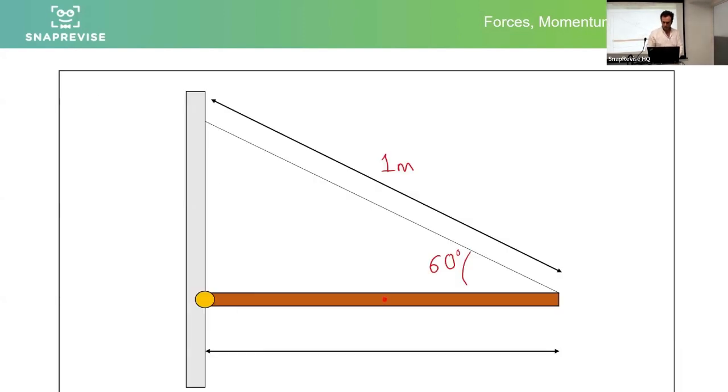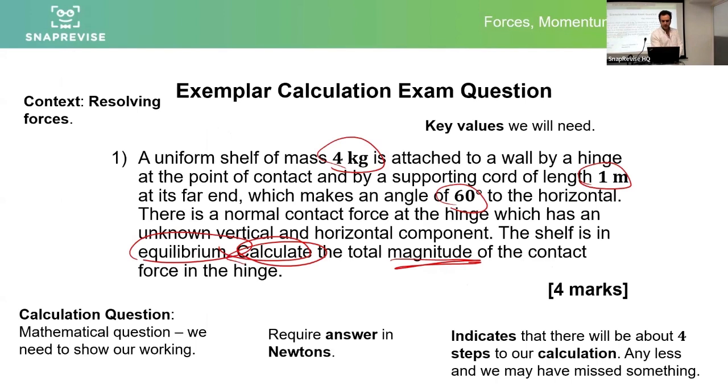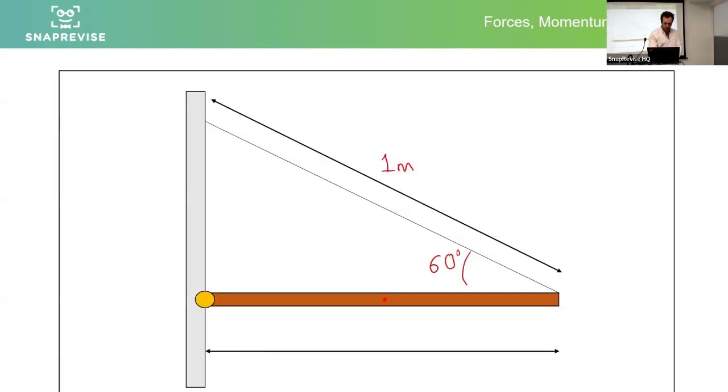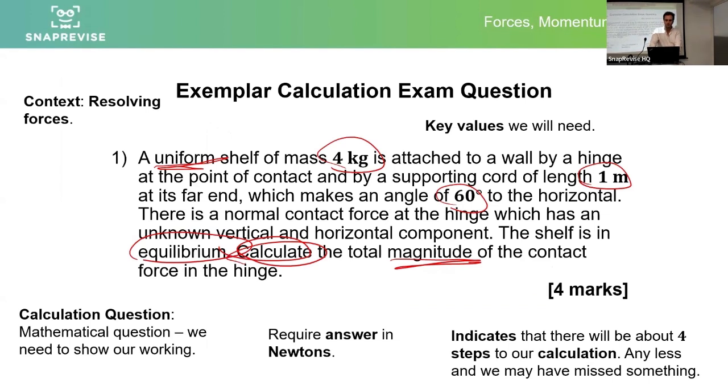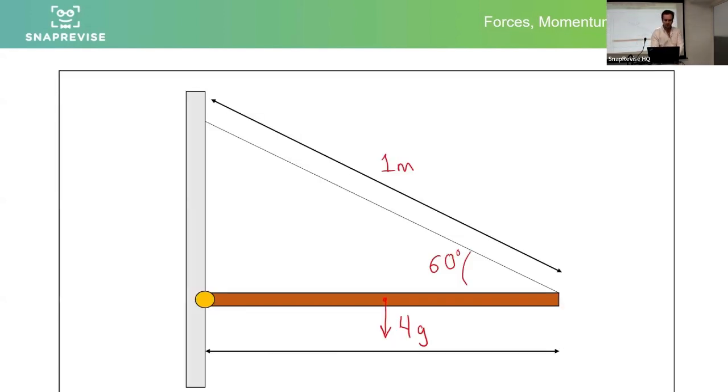And we're told, although I was remiss in not underlining it, it's uniform. Also very helpful. So 4 kilograms, so 4 times g. And we don't necessarily know its length, but for now, let's call it capital L. I think that is all the information we're given.